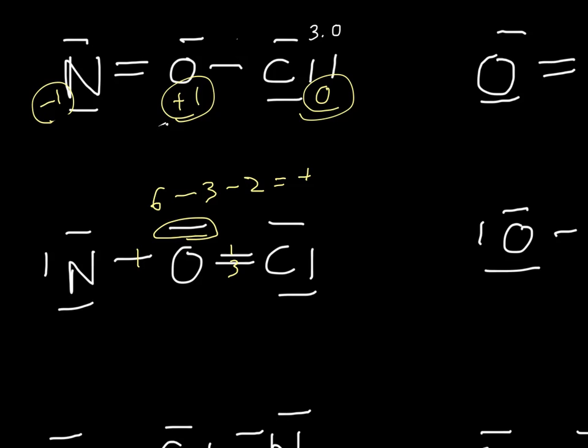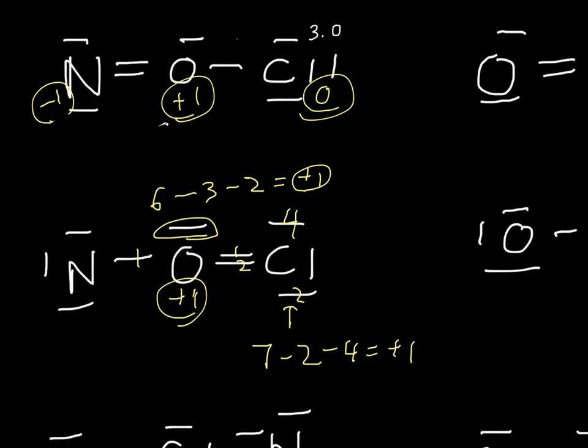So it's got a positive 1 formal charge again here. Our chlorine this time is going to be different. It has 7 valence electrons. It's participating in 1, 2 bonds, and it has 2, 4 lone electrons. That gives it a charge of positive 1.